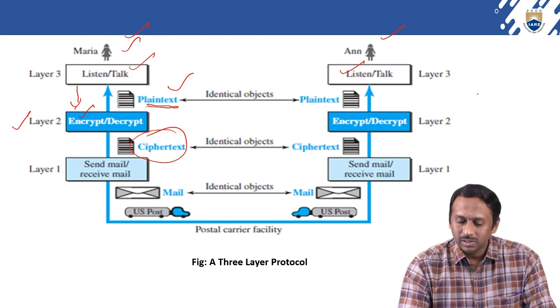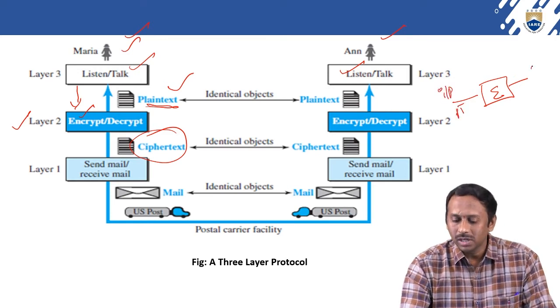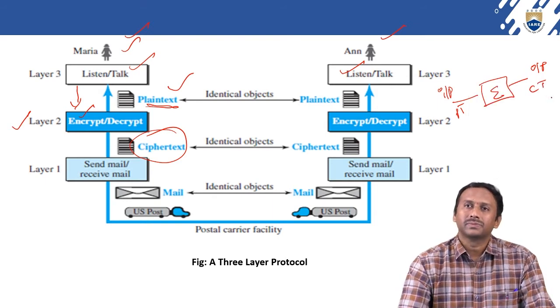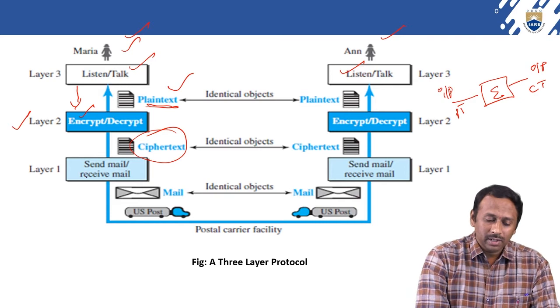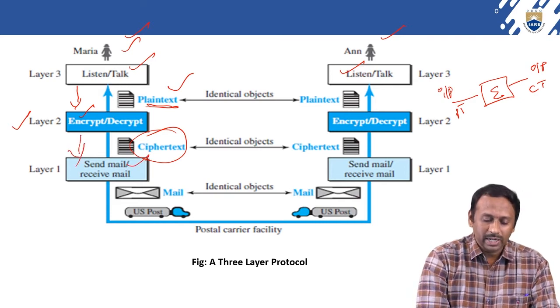So what is the input here for encryption? Input is plain text. What is the output? After performing encryption, we get ciphertext. After ciphertext, it reaches layer 1 and is sent as a mail.